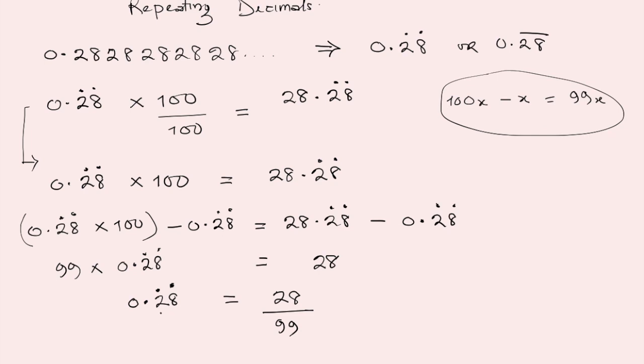So in this case, we have 2 figures repeating, so we divide by 99. And if you punch this into your calculator, you'd see that it results in 0.28282828. So that's how you convert repeating decimals into fractions.